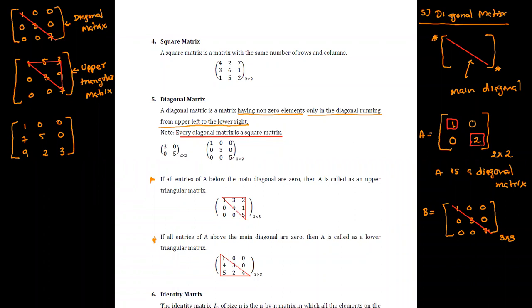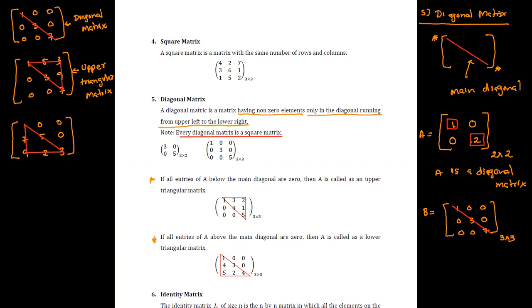Here, if you draw the main diagonal, then we get the main diagonal in this form. Now we can see that all the elements above the main diagonal are zeros. Therefore, we can draw the rectangle in the lower part of the matrix.